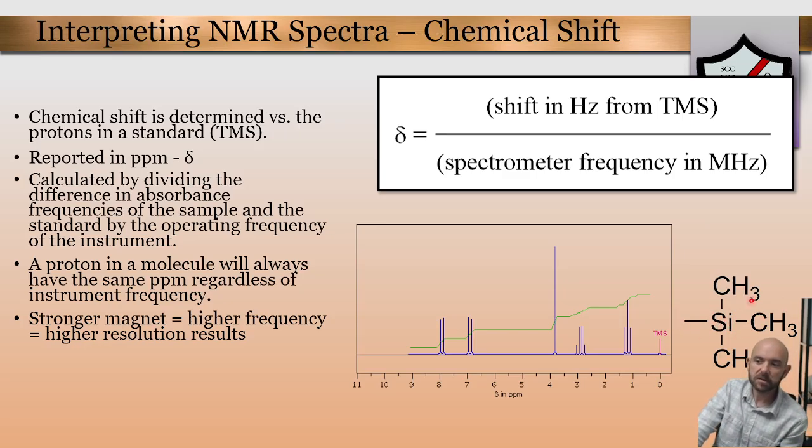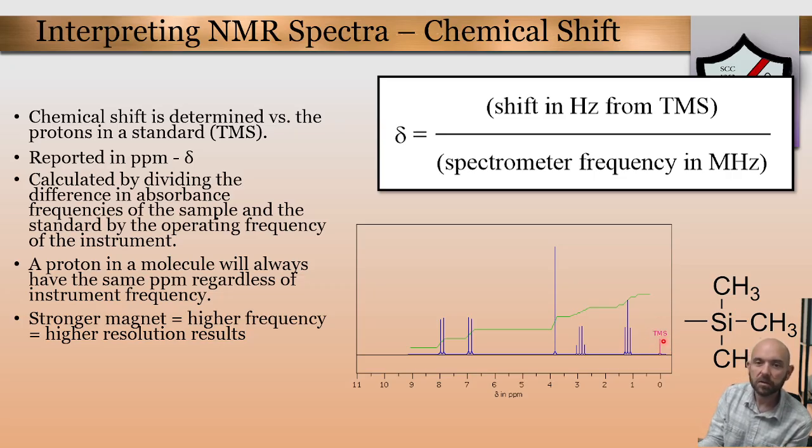And what that does is that those groups of hydrogen are very balanced, and they are very shielded from the magnetic field. And so it only takes a little bit of energy to flip them from their aligned state to the unaligned state. And that signal always appears very far upfield in the NMR spectra.